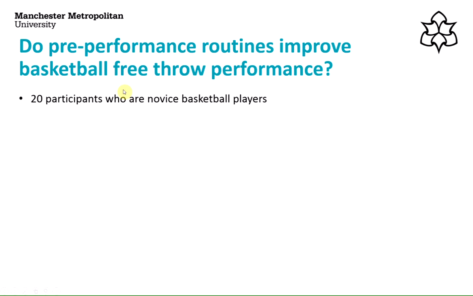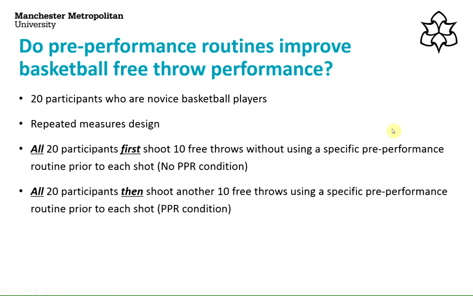So let's imagine that we've tested this research question by recruiting 20 participants who are all novice basketball players. We test them using a repeated measures design. So we first get all 20 participants to shoot 10 free throws without using any form of pre-performance routine prior to each shot.